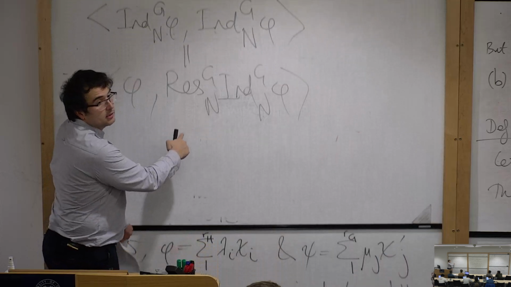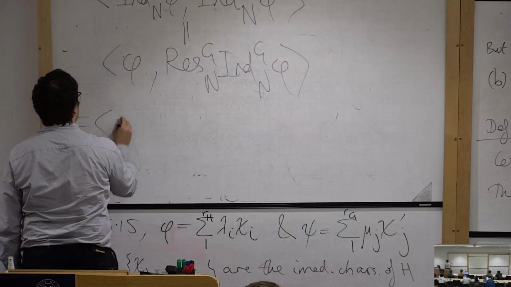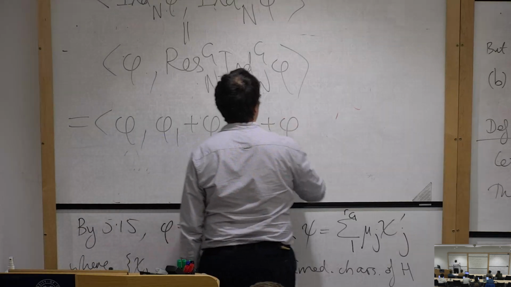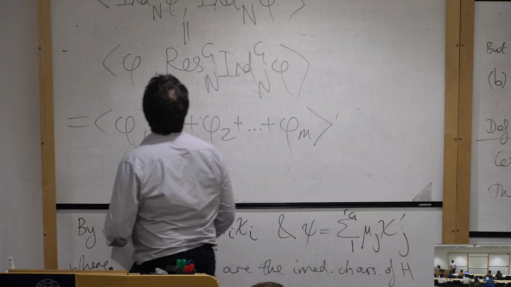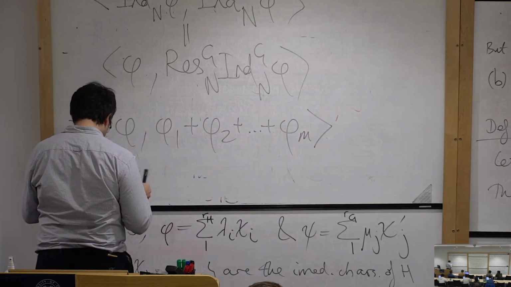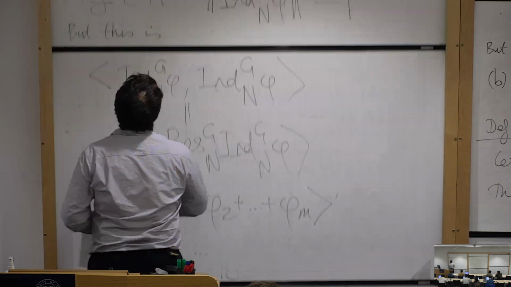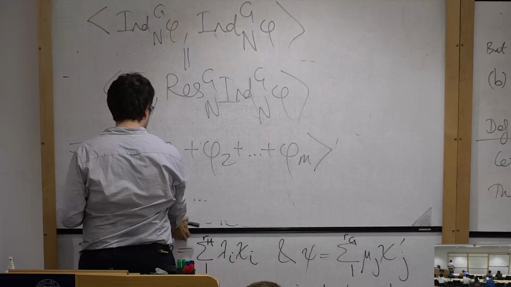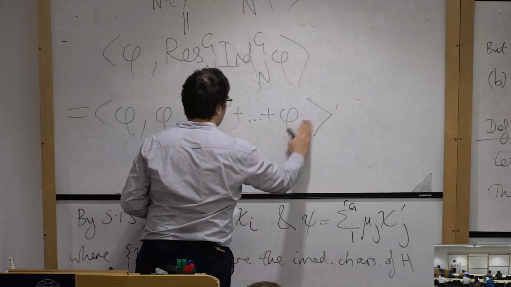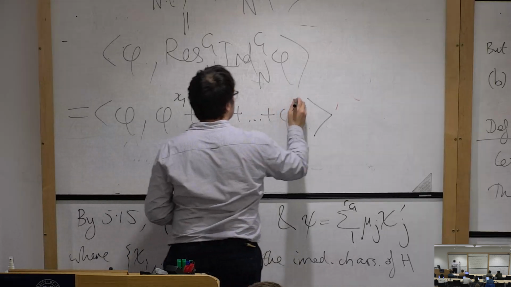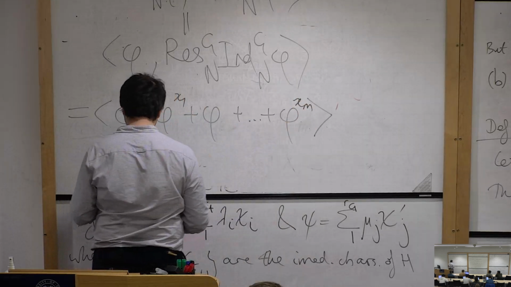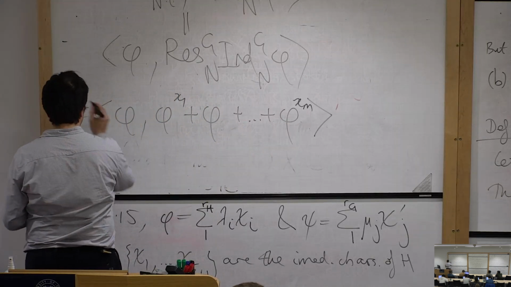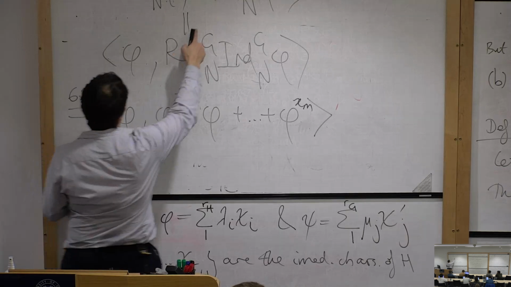This is the sum of the twists, by 5.13. X1 to XM, these are the twists with the usual notation. That was the last thing I proved. And 6.21, this one was Frobenius reciprocity.